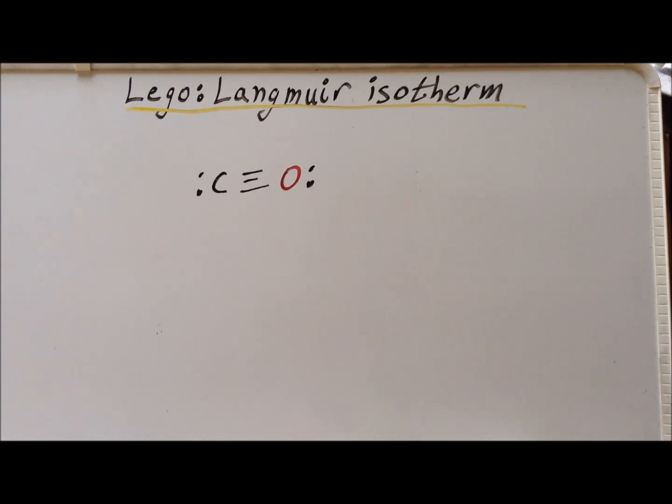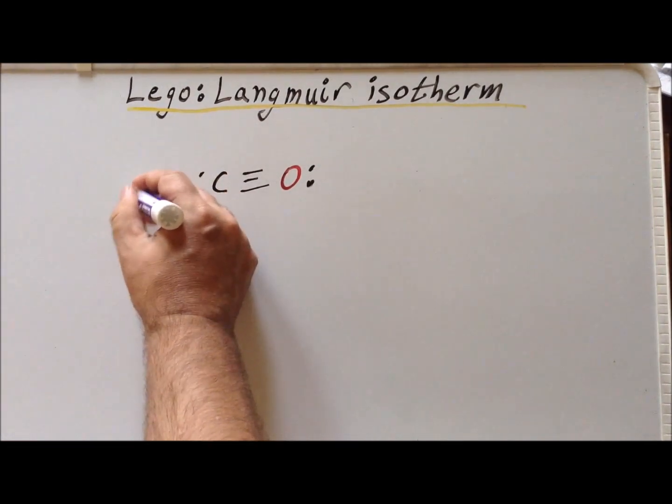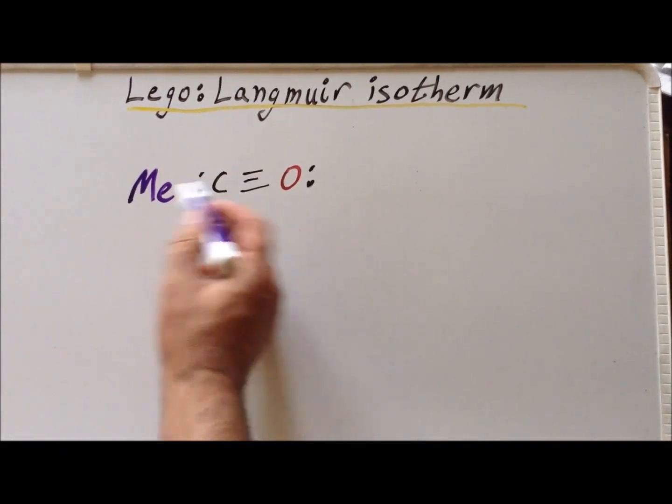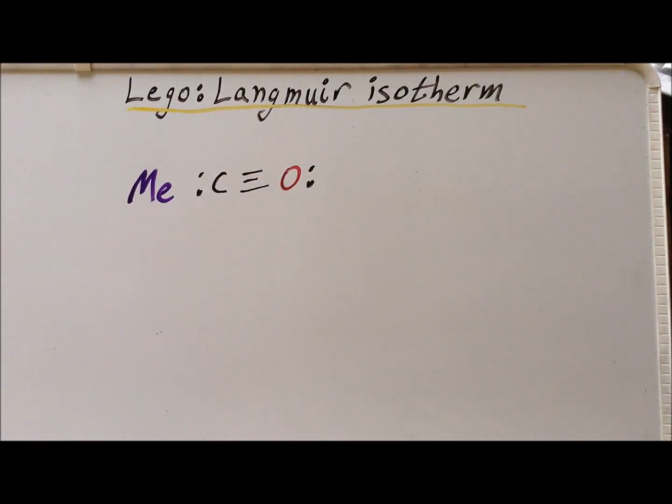Carbon monoxide has the interesting property that when it binds to a metal surface, it does so exclusively through the carbon. So let's just put Me here for metal. It's going to bind to the metal at a 90-degree angle, so it's going to bind perfectly normal to the surface.